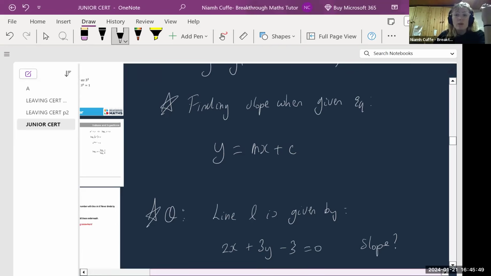Then, if we can write this equation in a way that looks like y equals mx plus c, we can pull our m out, because our slope is going to be whatever is multiplying x.